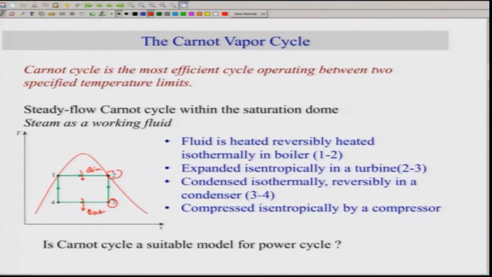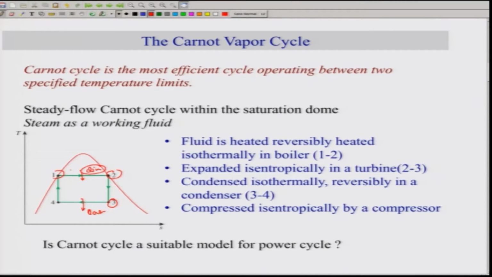And then from 4 it is compressed isentropically by a compressor in order to get the original state, which is saturated liquid. Now it's very clear that the Q in depends on the enthalpy change from 1 to 2, and essentially we cannot raise the temperature, because as you increase the temperature, Q in will decrease, since the enthalpy difference between 1 and 2 will decrease.